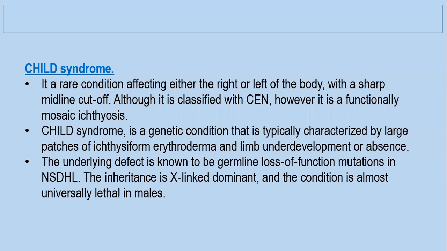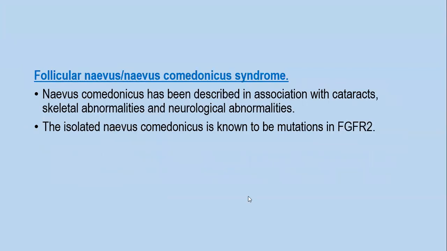The underlying defect is known to be germline loss of function mutation in NSDHL gene. Inheritance is X-linked dominant, and condition is almost universally lethal in males. So it is mainly a female disease, just like other X-linked dominant conditions.